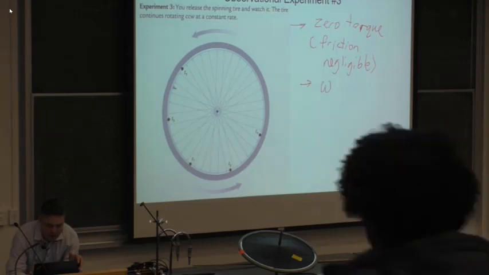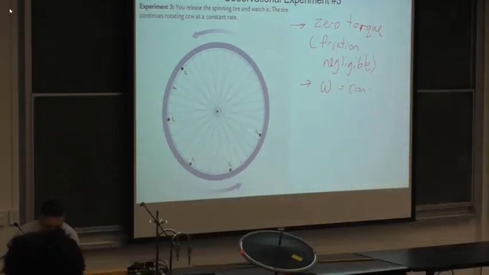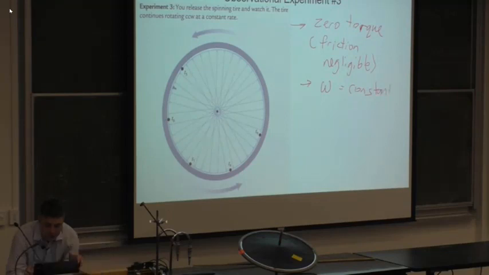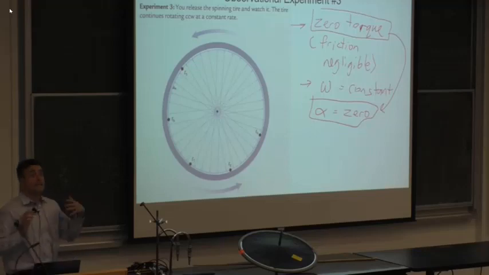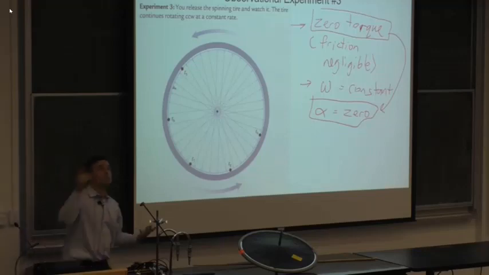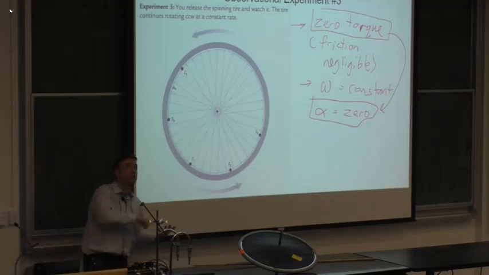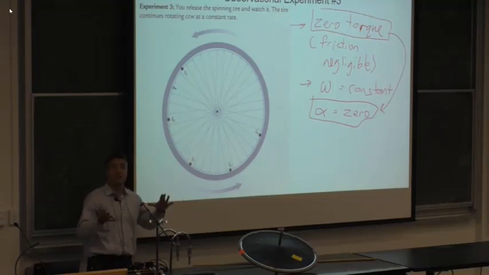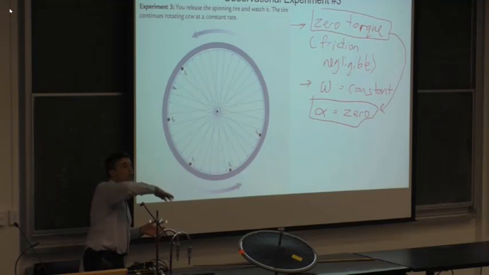Omega is constant, and so the rate of change of omega, this alpha, is 0. So the moral of the story is 0 torque, 0 alpha. This is a case where it is moving, but it's moving in uniform circular motion. So it's not speeding up, not slowing down. So the angular acceleration, and I guess this tangential acceleration, these are all 0.